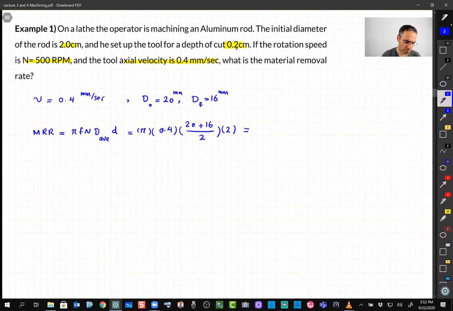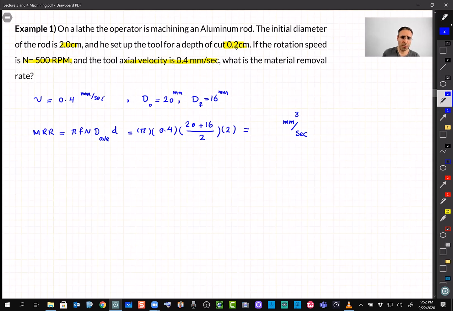I guess it's going to give you 45, or do the calculation later, whatever it's going to be. And because we use millimeters, the unit is going to be millimeter cubed per second. The amount of material we remove in 1 second, all right?